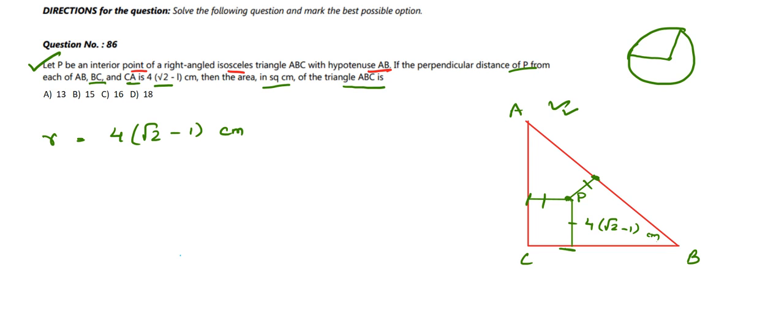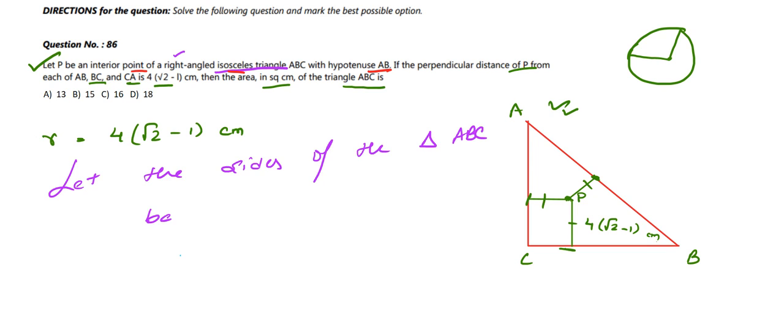Let us assume the three sides of the triangle. We have been given triangle ABC, an isosceles triangle in which the perpendicular and base are always the same, because this is a right-angled isosceles triangle with hypotenuse AB.